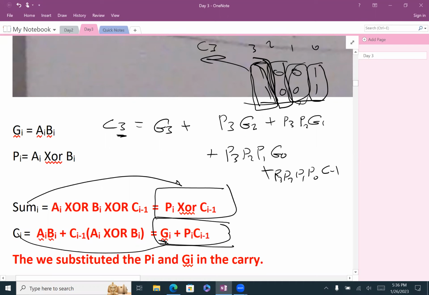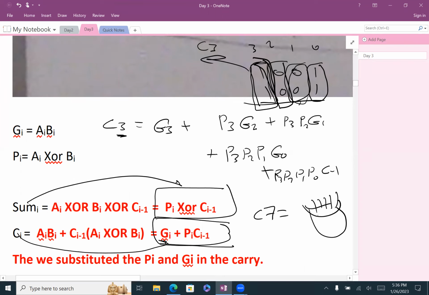You don't have to do the equation now. If you think about it, you will be able to write the equation for C3. Now, if I tell you in the exam, please find C7 for me, can you do that? It's the same thing, but how many levels do we have? 1, 2, 3, 4, 5. So when you have C3, it's going to take an OR gate with 5 inputs, correct?